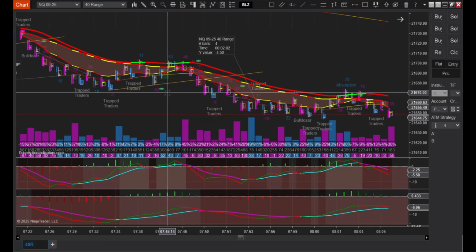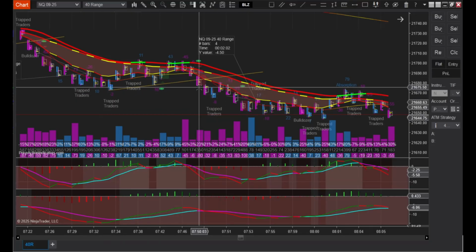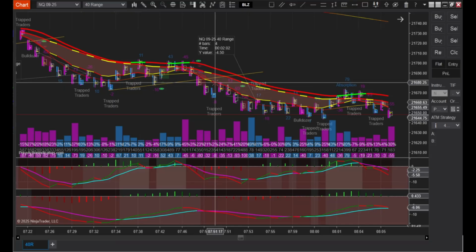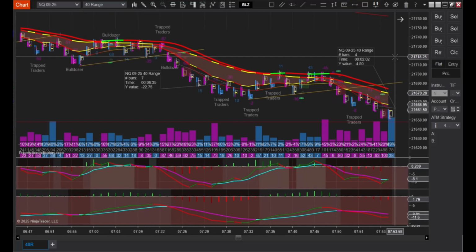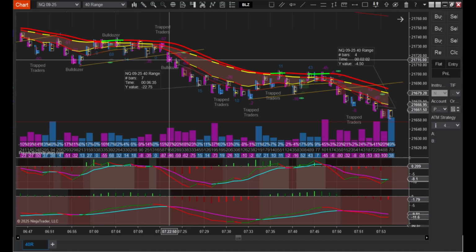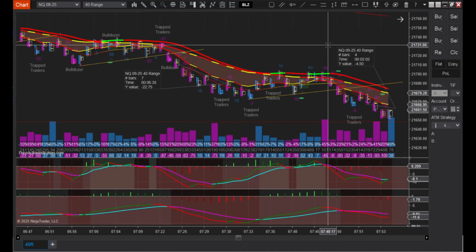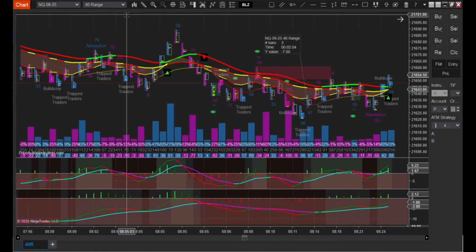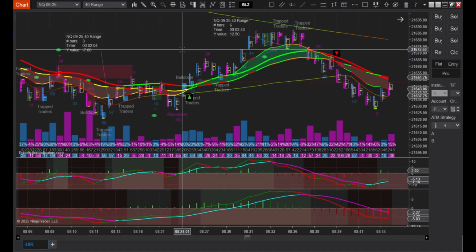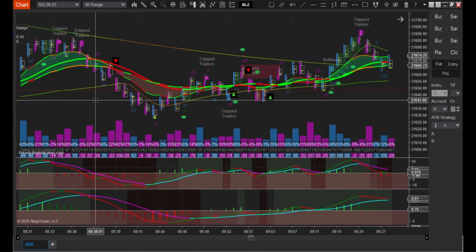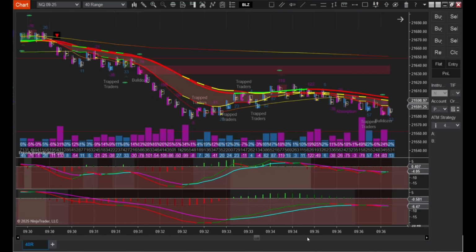This one here. But the continuation trade just broke here. All right, this one here. This broke up into there, and there we go. Let's see if there's anything here.